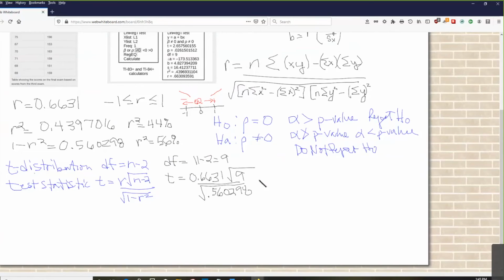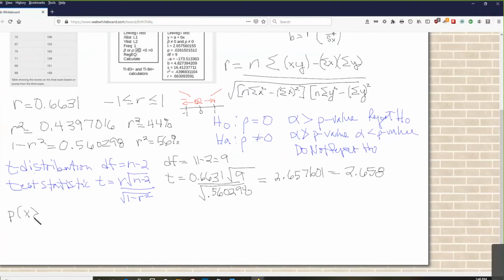And when I do that calculation, I end up with a t-score of 2.657601, which we will just round off to 2.658.